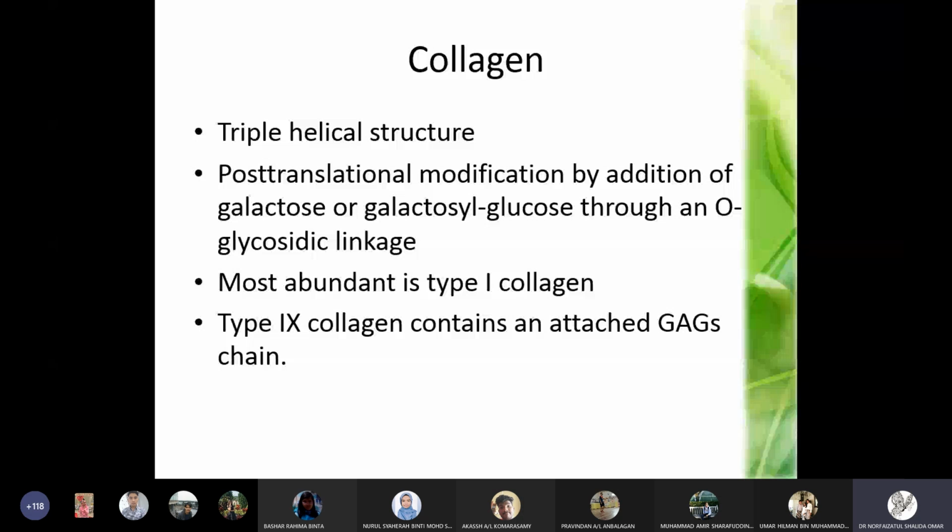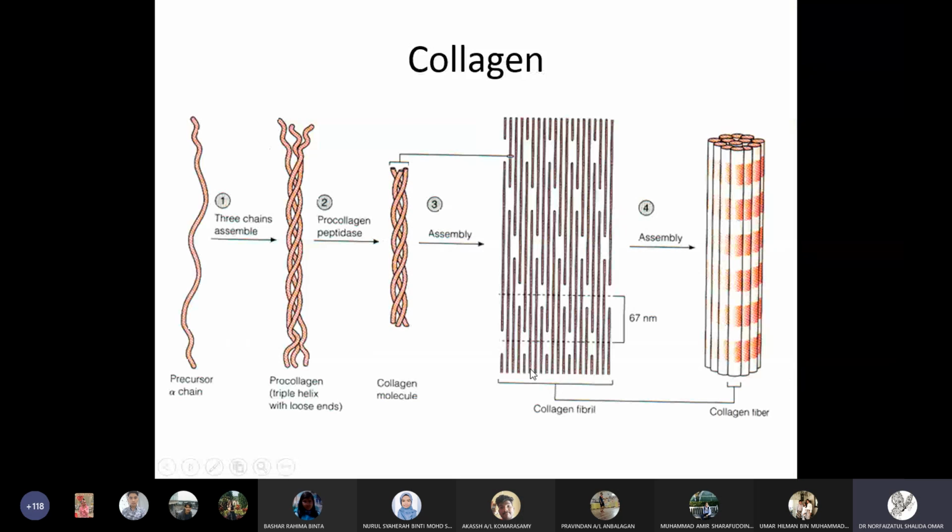So after the translation process there is a modification, meaning that after the protein is produced, it undergoes modification at the galactose or galactosyl glucose through an O-link glycosidic linkage. So it forms the collagen. The most abundant one is type 1 collagen. Okay. So this is how collagen is formed.